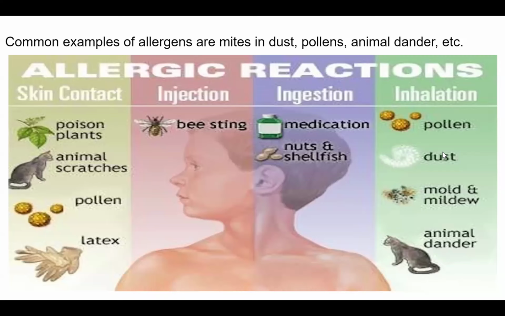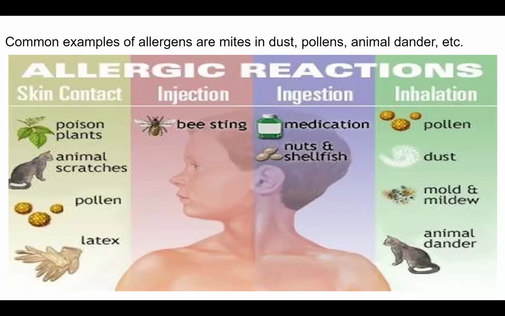Now, some examples of allergens are mites and dust, pollen, animal dander, etc. If we come to allergic reactions by skin contact, say there was a poisonous plant, some poison in the plant can cause an effect. Animal scratches again can be allergic for a few people.